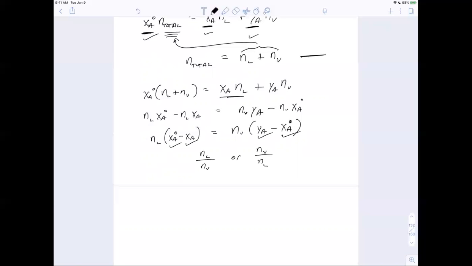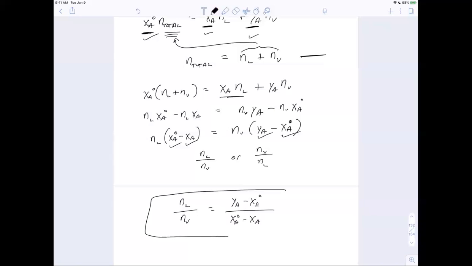So we just solve for the ratio, and I'll just solve for NL over NV. So NL over NV is equal to YA minus XA naught divided by XA naught minus X of A.